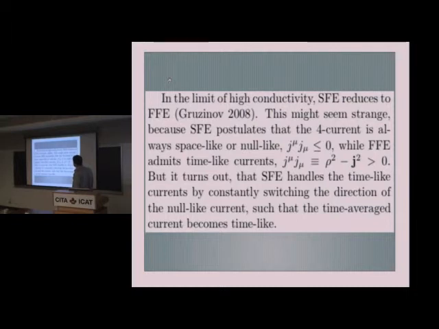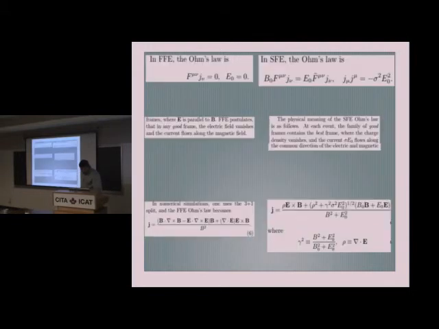Equations think for us. You see, this strong field electrodynamics as one of its equations postulates that your current is always space-like, meaning the J vector is always longer than rho. So this is negative or zero.